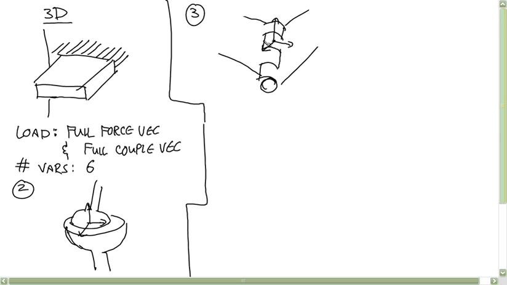Translation. Most likely there's no translation allowed at all, right? Although actually you'll get some problems where they'll say don't count on this hinge to prevent a translation along this axis. Can you picture that?